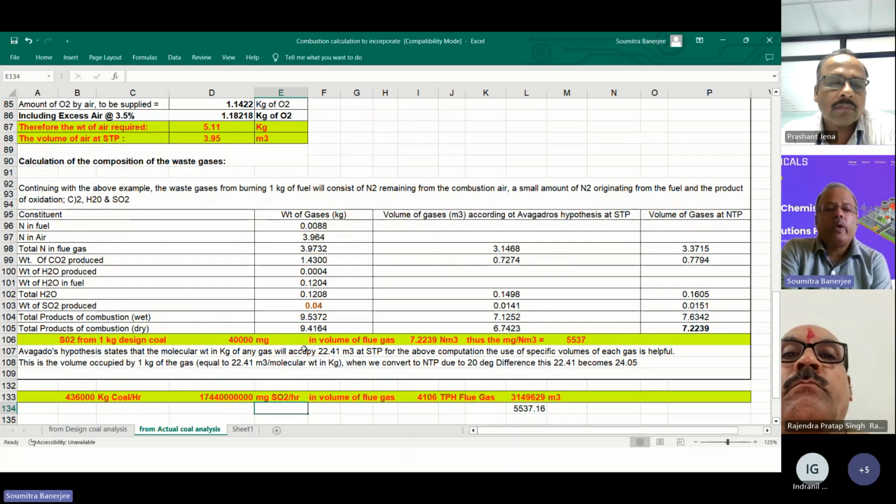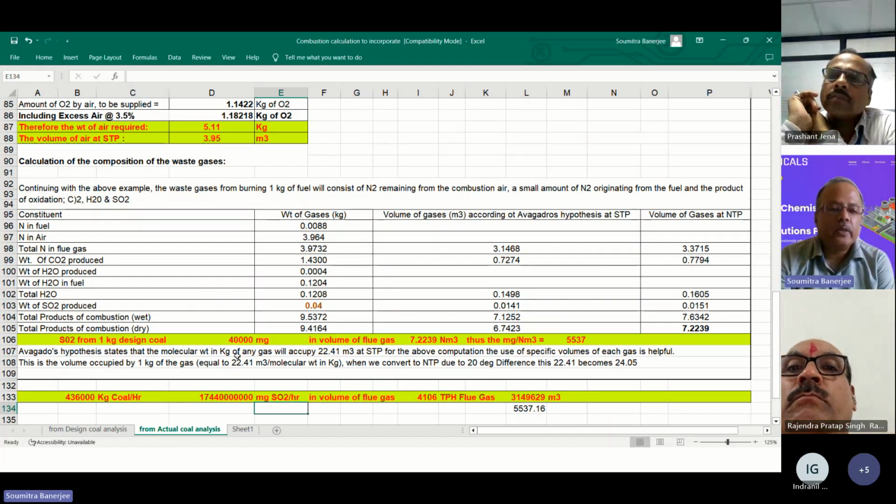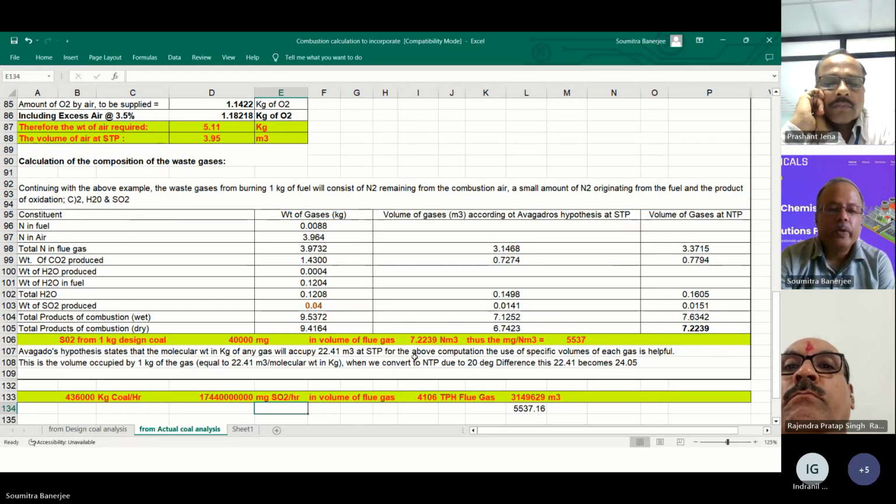Now Avogadro's hypothesis states that 1 kmol of any gas will occupy 22.41 meter cube at STP. The above computation uses the specific volume of each gas.